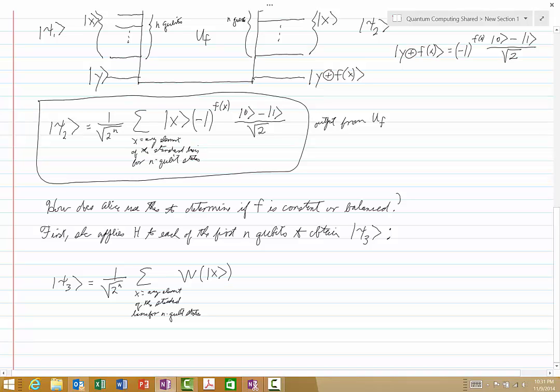And then we just bring down everything else we have from C2. So we have -1 to the f of x power times 0 minus 1 over the square root of 2.